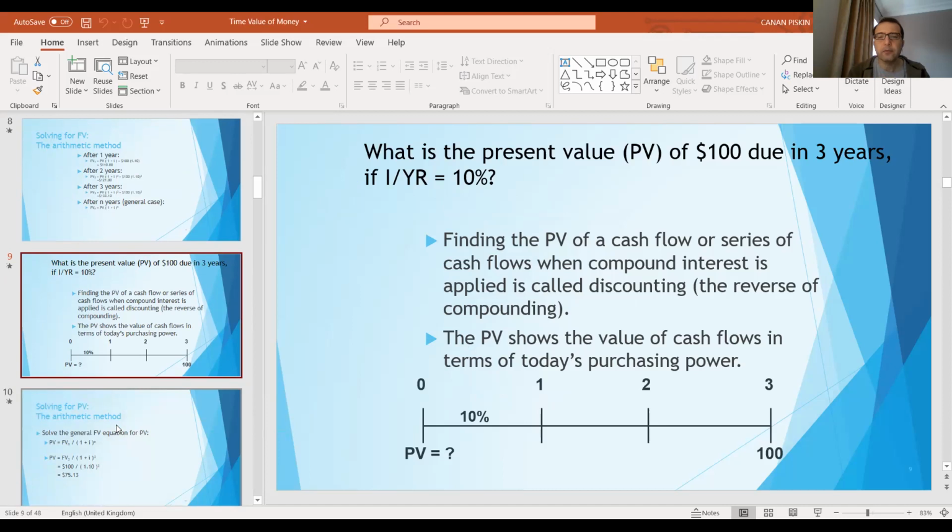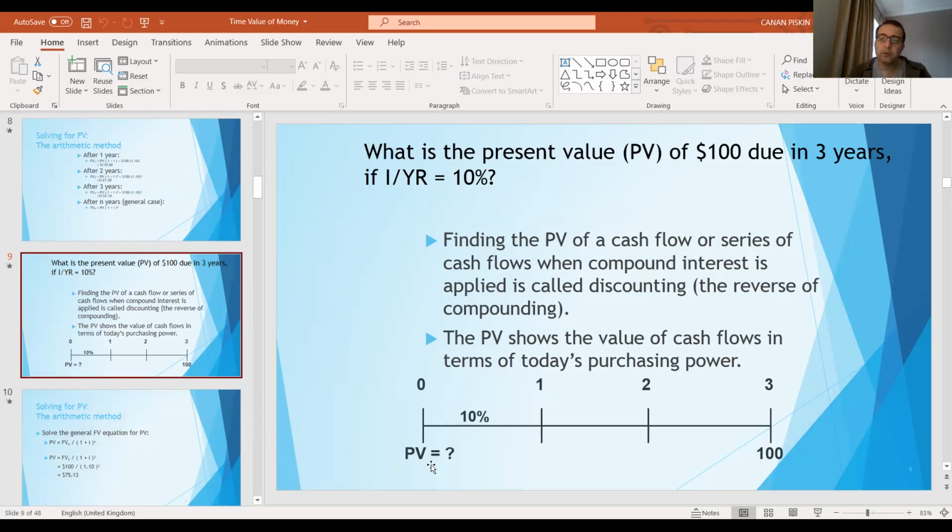So we can find the present value. We can do the reverse as well. This process is called discounting, the reverse of compounding. Basically, if you know the future value of any cash flow, for example in 3 years' time you will receive $100, what's the value today?